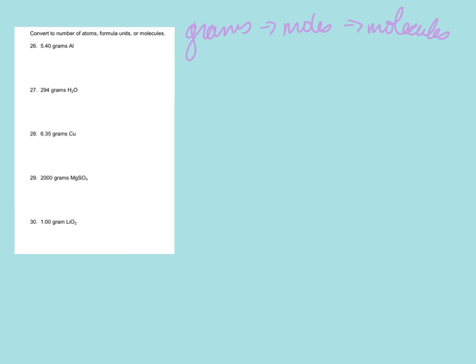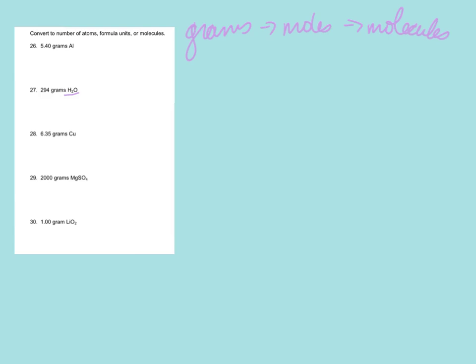So it could be atoms if we were going to do 26. It will be molecules because I'm going to do 27 for my example. So water is a molecule. Could be atoms, again, if we were looking at 28, formula units for 29 and 30. So whatever particles you're dealing with is how you label.